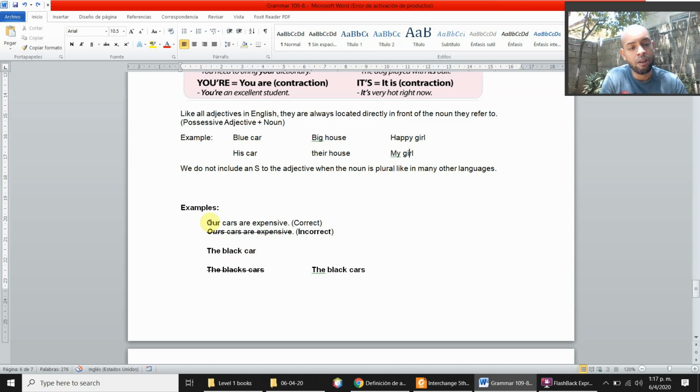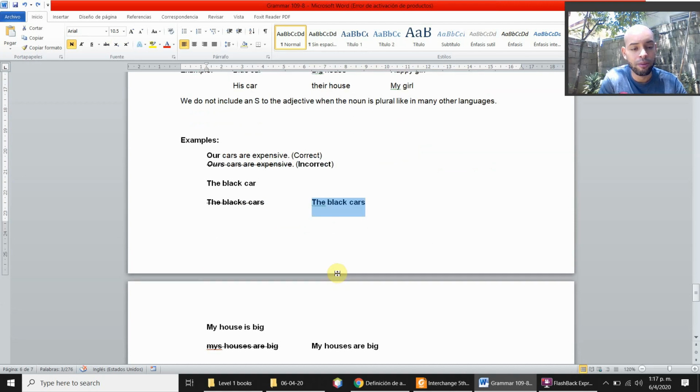Excuse me. For example, our cars are expensive. We never say ours cars are expensive. That's incorrect. Our cars are expensive. The black car, this is the correct form. We never say the black's car. That's incorrect. The correct form is the black cars if we're going to talk about plural.